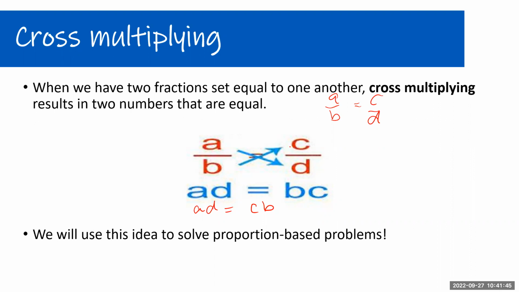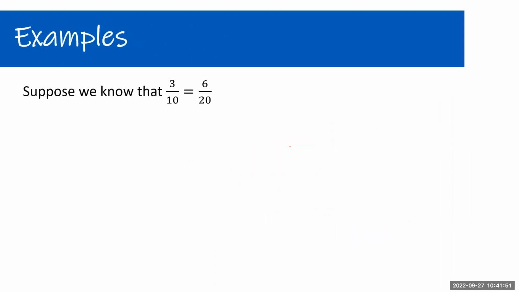If you're confused by talking about it in symbols, just wait a minute because we're going to do some examples and I think it'll be a little clearer. So for example, we can show that cross multiplying works because we know that 3 out of 10 equals 6 out of 20. You could use your calculator to show that they're both equal to 0.3.